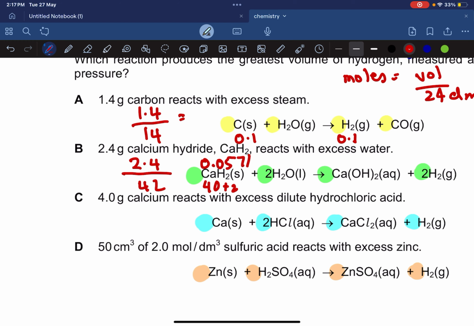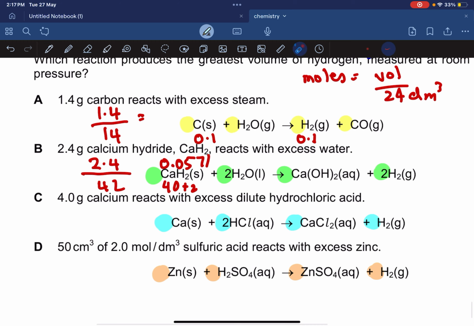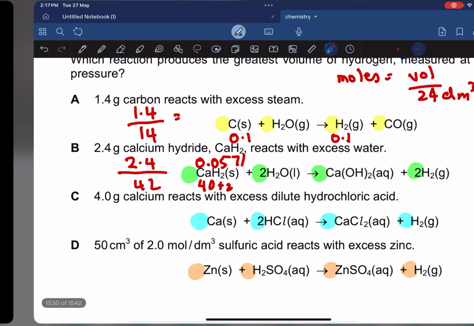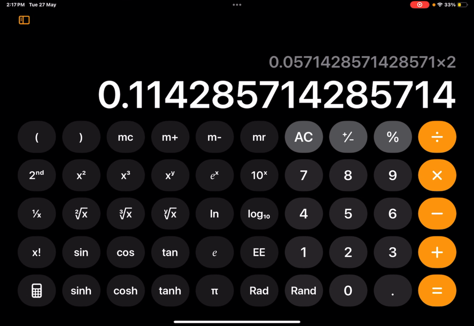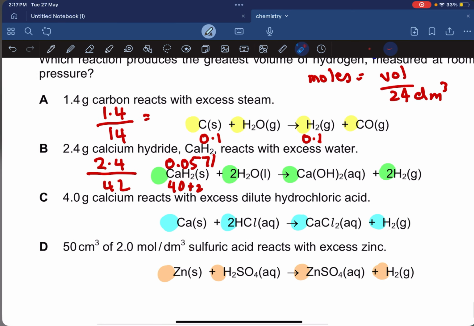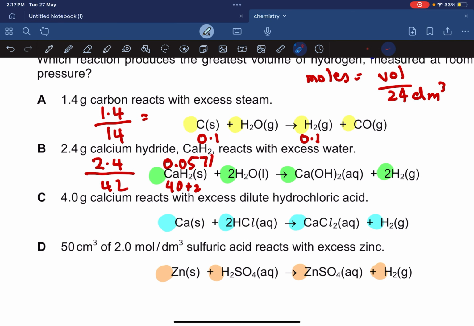And look at the molar ratio: 1 mole of calcium hydride forms 2 moles of hydrogen gas. So these moles get multiplied by 2, and I have 0.114 moles of hydrogen gas over here. I hope you get how I'm doing it.